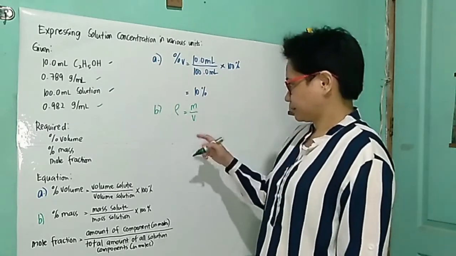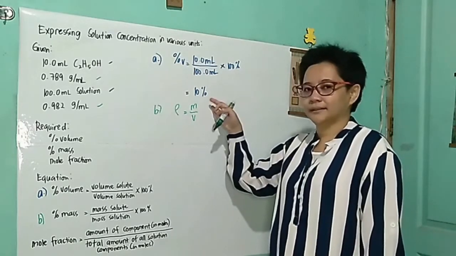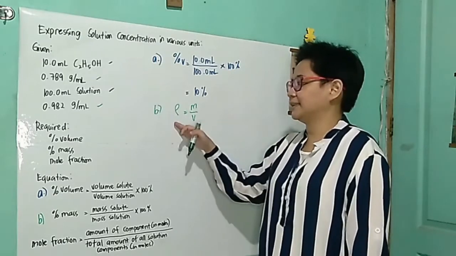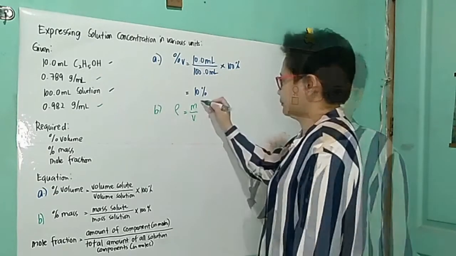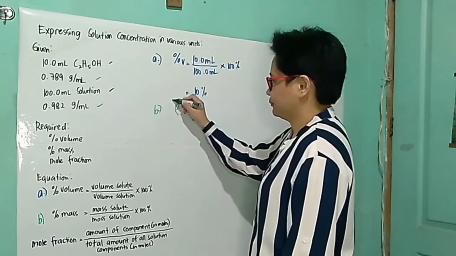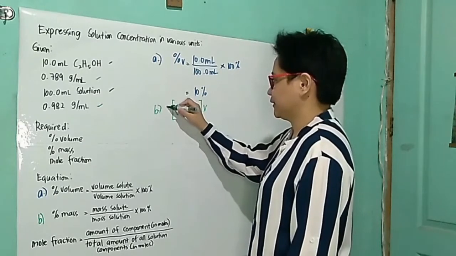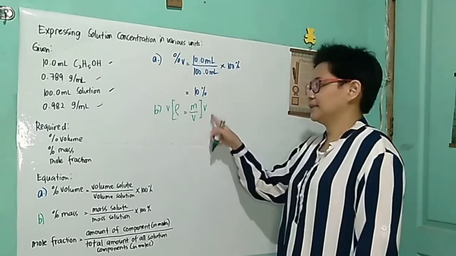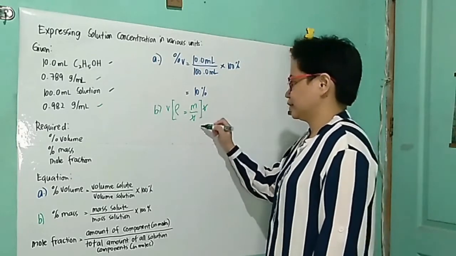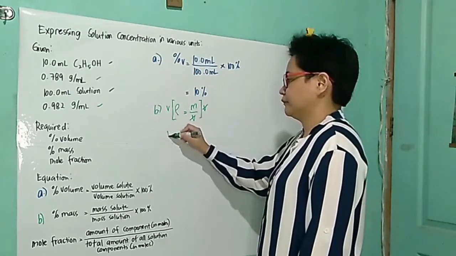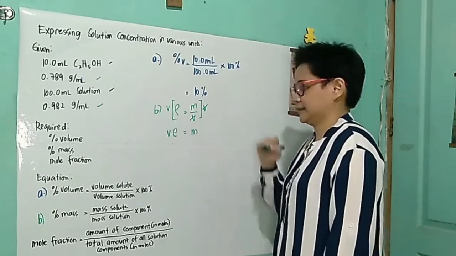So, to derive the mass, we multiply both sides by volume. On this side, volume will be cancelled. So, you will now have volume times density is equal to mass.